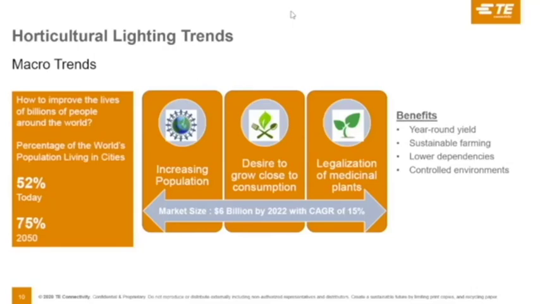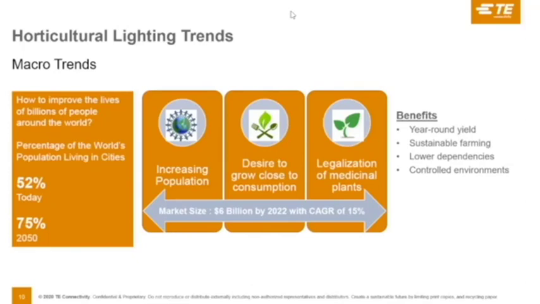Not only vertical farming, but urban farming, as you will find out as well. There was another need for vertical farming, and it was the legalization of medicinal plants. And this in and of itself created an additional need for growing in a very contained area. An area, though, that would be a high moisture content, high humidity, and it also could be considered a wet breeding location.